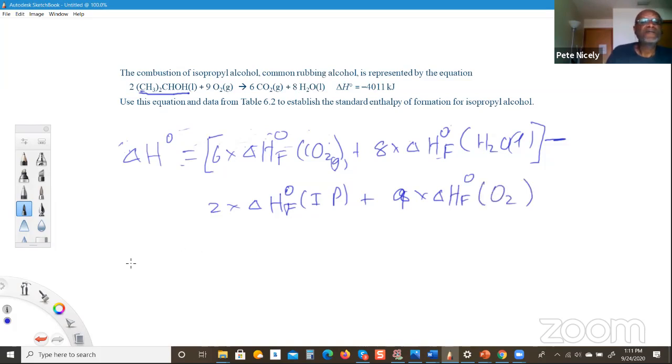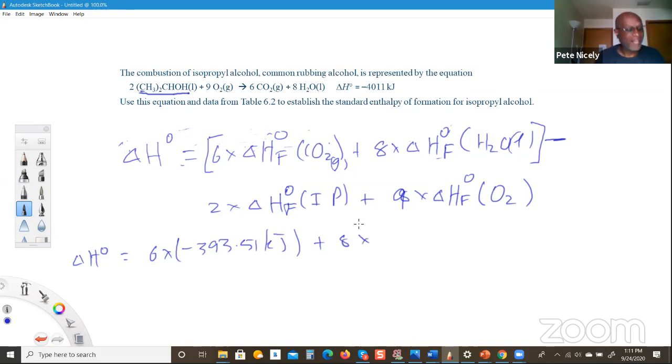And then all we have to do from here is put the numbers in. So delta H standard would be equal to 6 times the enthalpy of formation of carbon dioxide, which is minus 393.51 kilojoules, plus 8 times the enthalpy of formation of H2O liquid, which is minus 285.83 kilojoules.